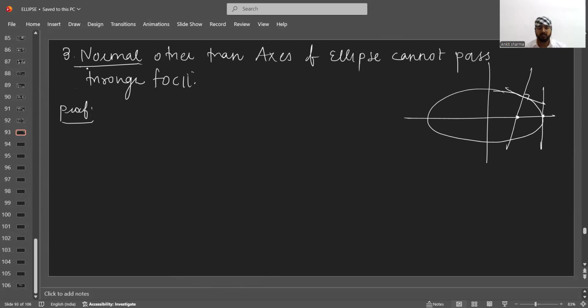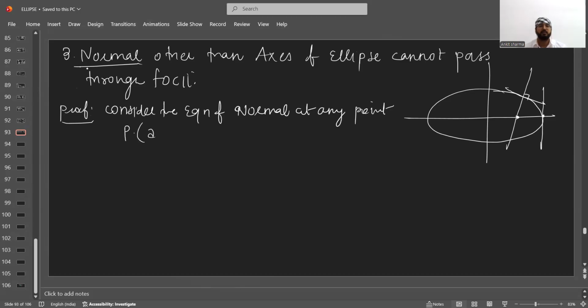So now consider the equation of normal at any point P, a cos theta, comma b sin theta. What's the equation of normal, by the way?